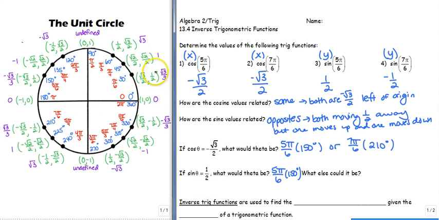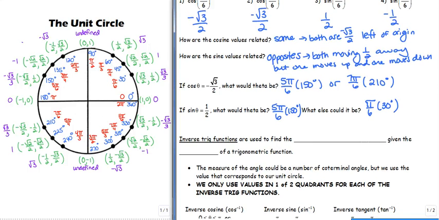So if I look all the way around my circle for y coordinates of a positive 1/2, I see that I have a y coordinate of a positive 1/2 at pi over 6, which is also 30 degrees. If I look anywhere else on my unit circle, no other coordinates are a positive 1/2. The sine of 1/2 means that I'm moving up 1/2, and these are the only 2 points that are moving up a positive 1/2.